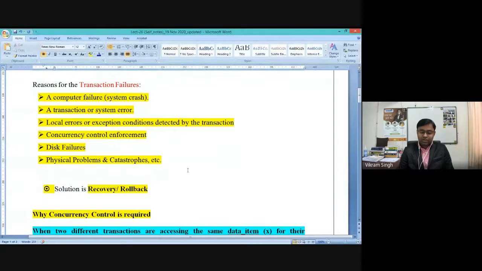And if more than two transactions through their users are trying to access one single data value X, there might be a possibility of conflict because they are trying to access the same data item. They might have logged into the system at the same time. They might have read the value of the data at the same time. They might have the possibility of updating the same data value at the same time.